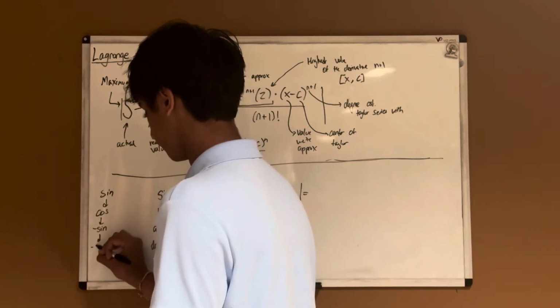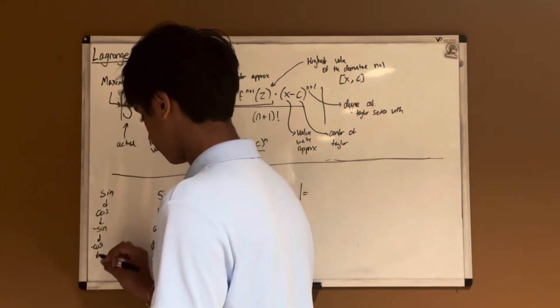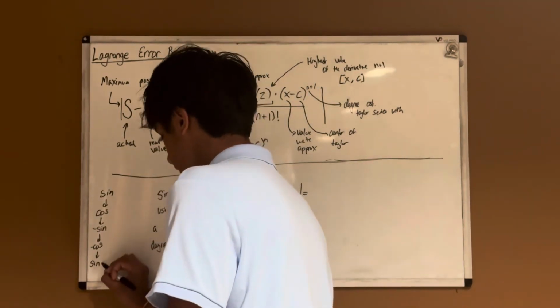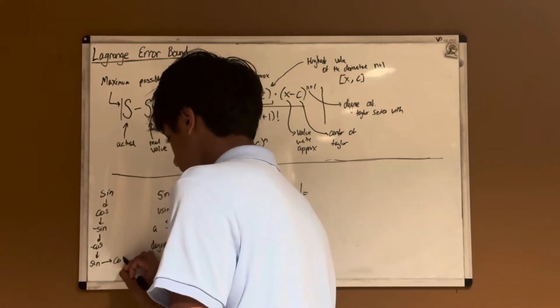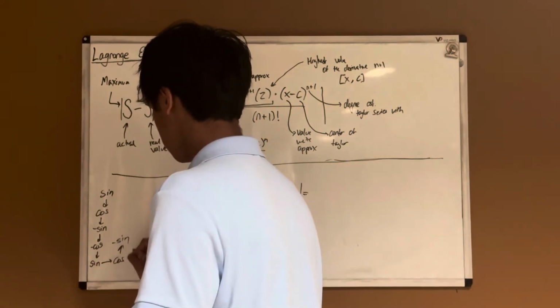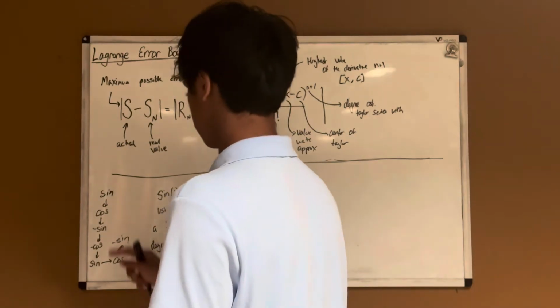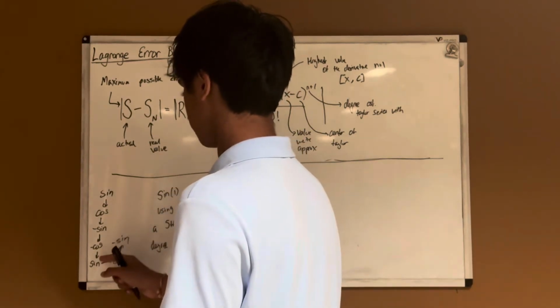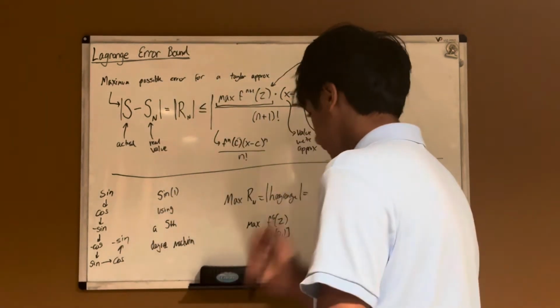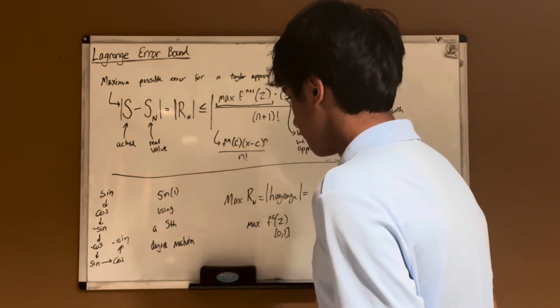Then negative cosine, third derivative. Sine, fourth derivative. Fifth derivative is cosine, and then sixth derivative is negative sine.